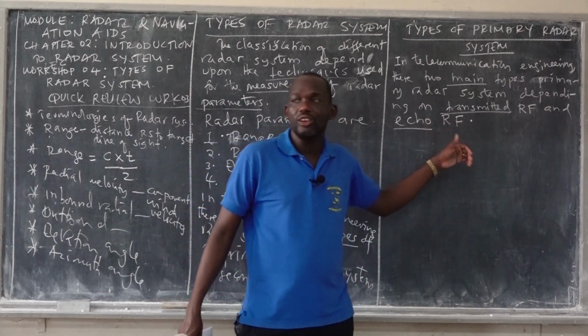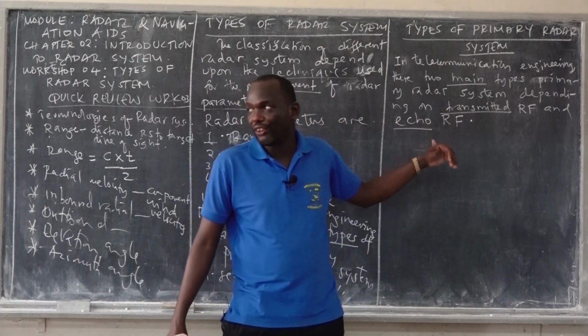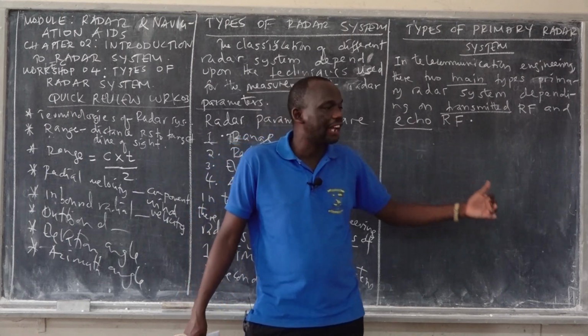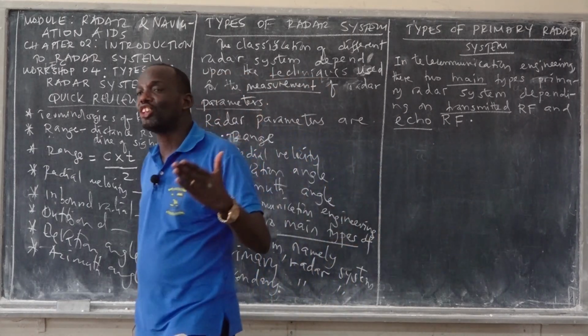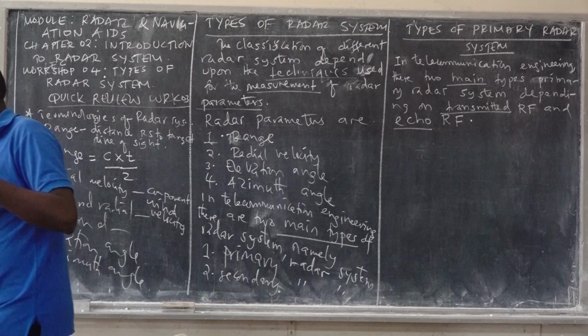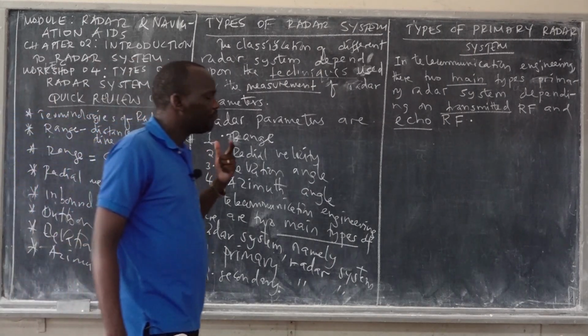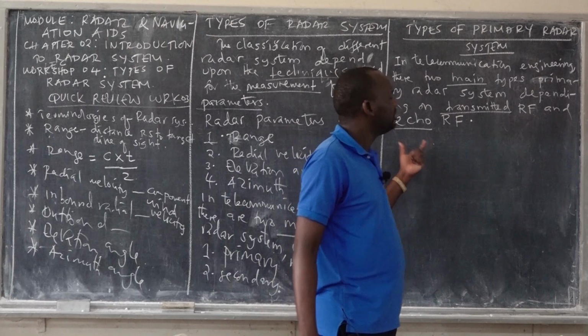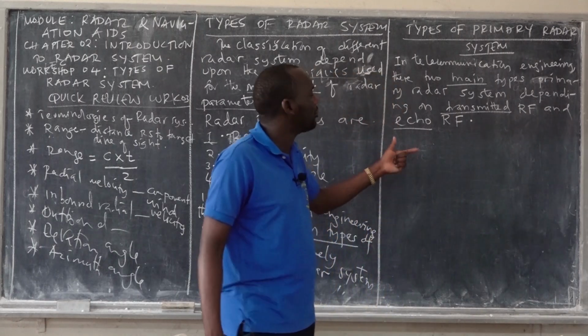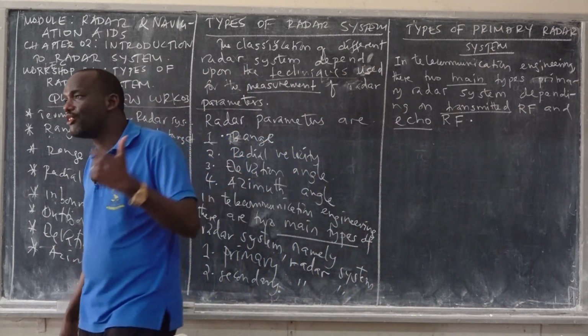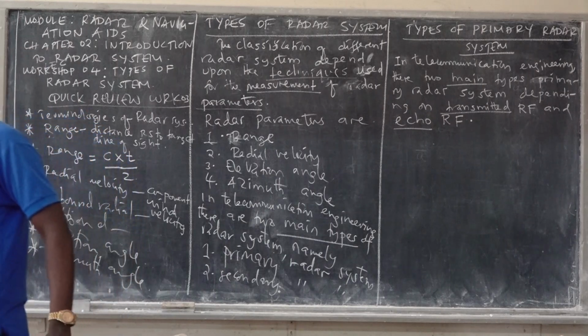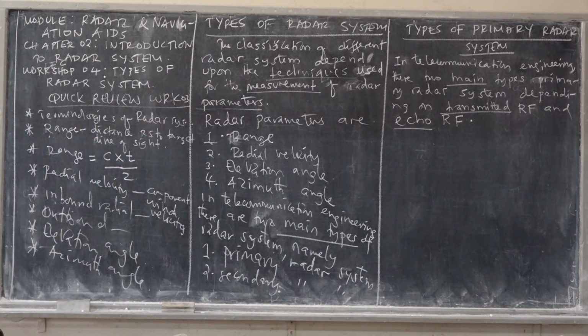Because the echo is the one we use to get information about the range of the target. It gives us information about the azimuth angle, the elevation angle, and the radial velocity of either an incoming or a moving-away target.